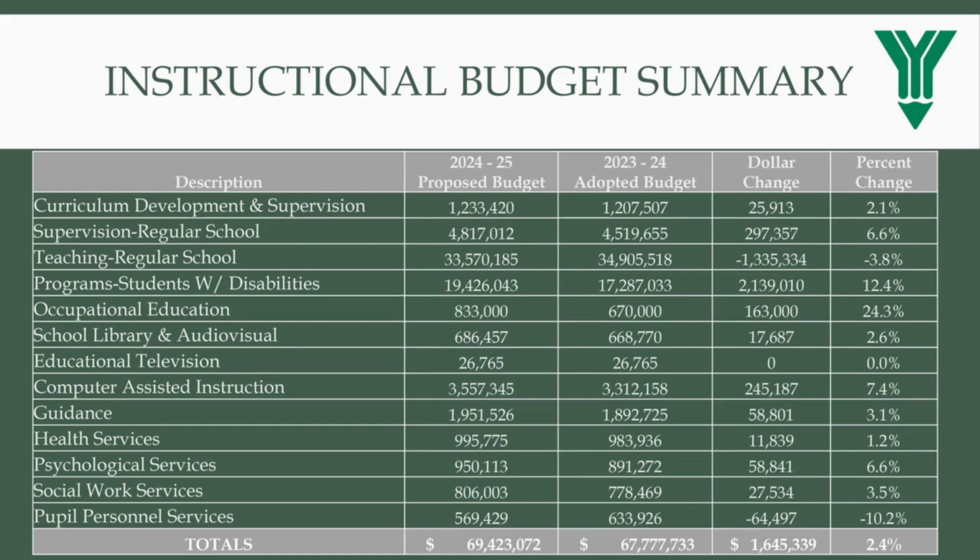These reclassifications are important because they increase the accuracy of the financial data that is reported to the state each year and can impact how our state aid is calculated. So it's not necessarily that anything was added or taken away from one line or the other. We discovered a teacher was coded to general education who should have been coded to special education, so we corrected that.